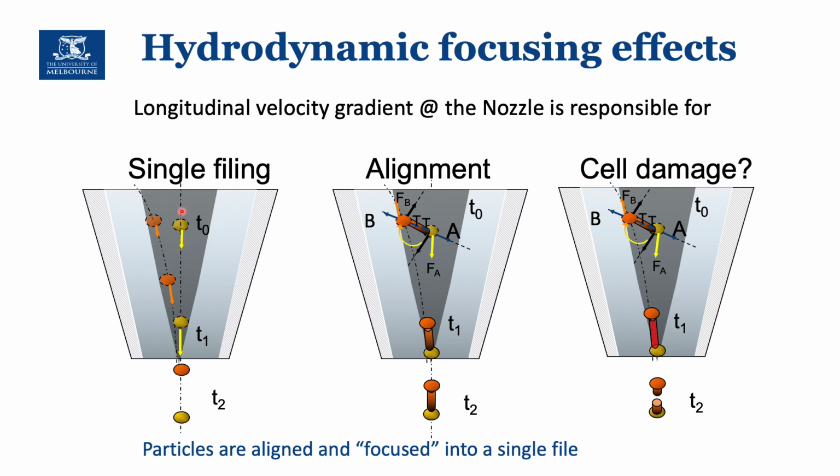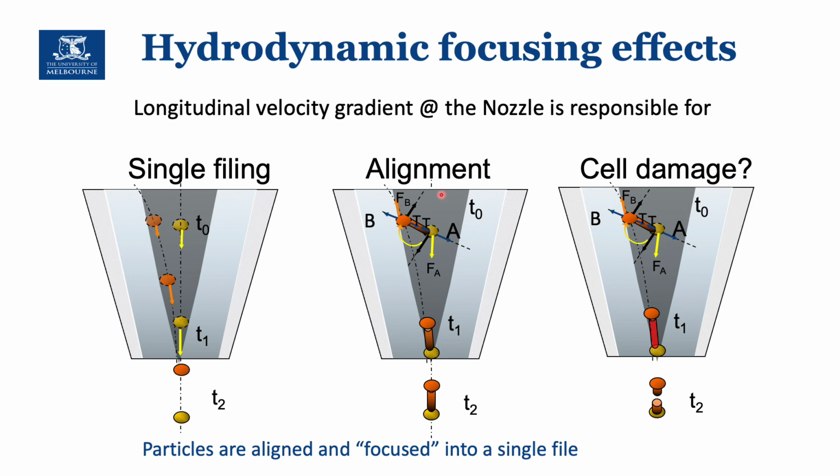So things that are very close in suspension eventually become a single file with a nice gap in between, which allows measurement of single individual particles as they cross the laser. So the first outcome of the acceleration of the fluid in the nozzle is single filing.